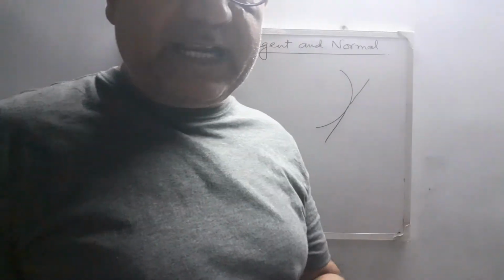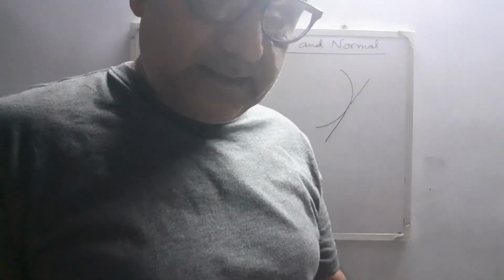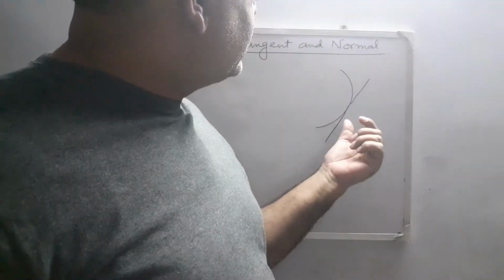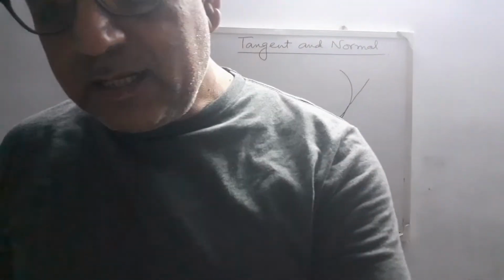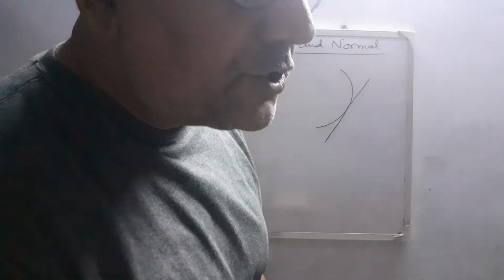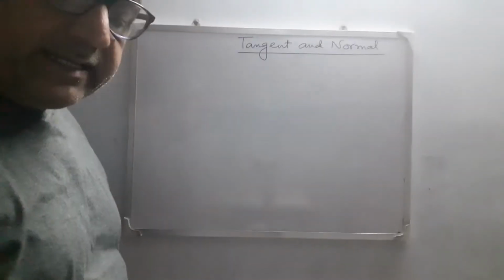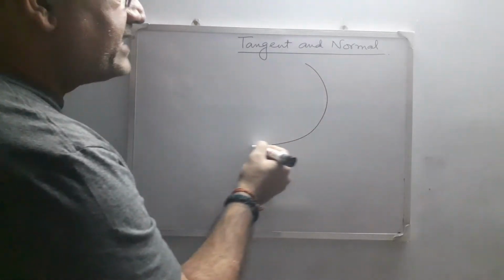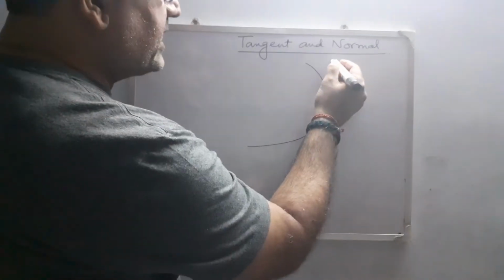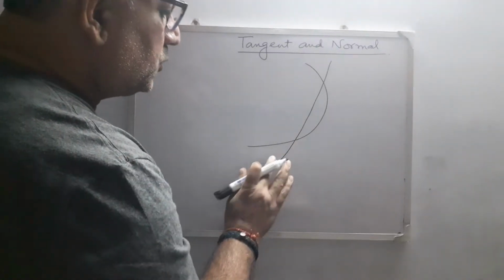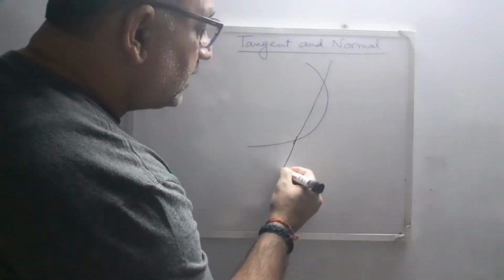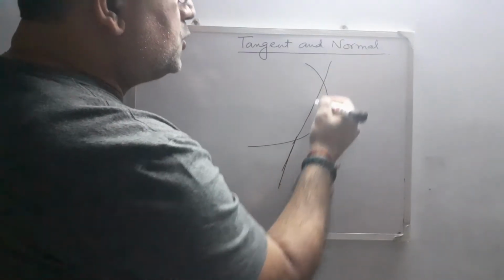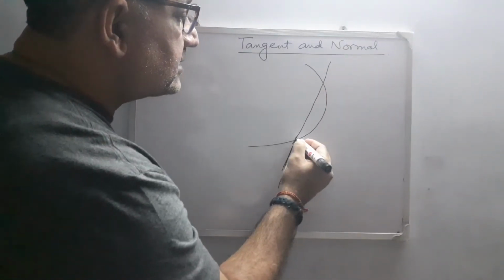But if you define tangent in this manner, you will be awarded no credit. So then what will be the actual definition of tangent? The word tangent is defined as a line, a secant, which cuts a curve at 2 points, and these 2 points coincide.